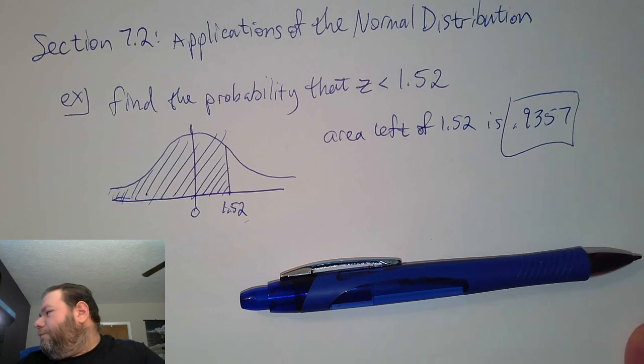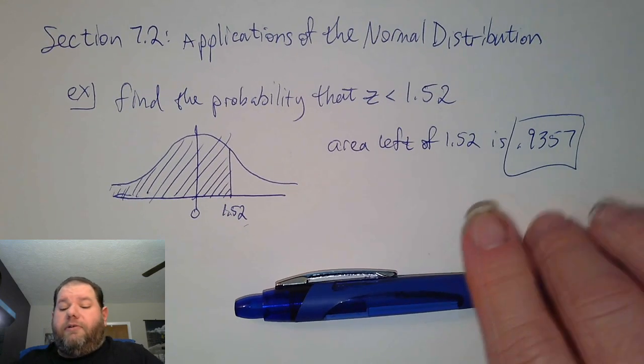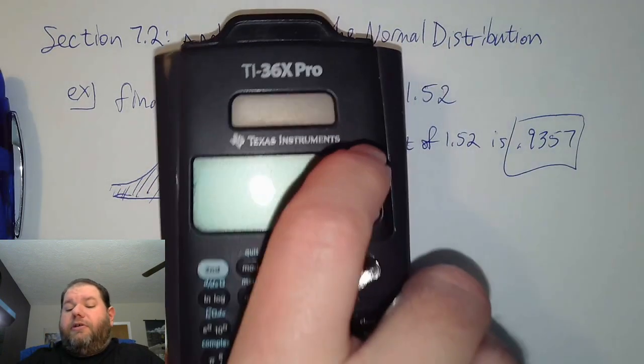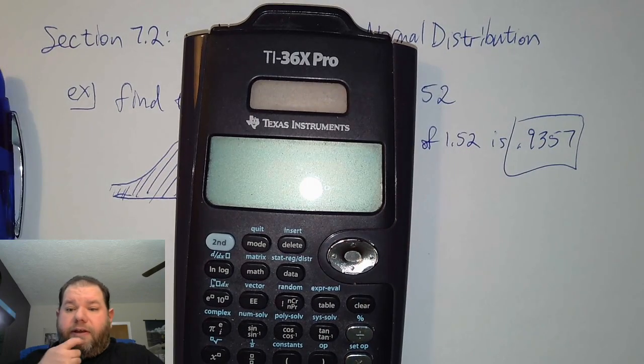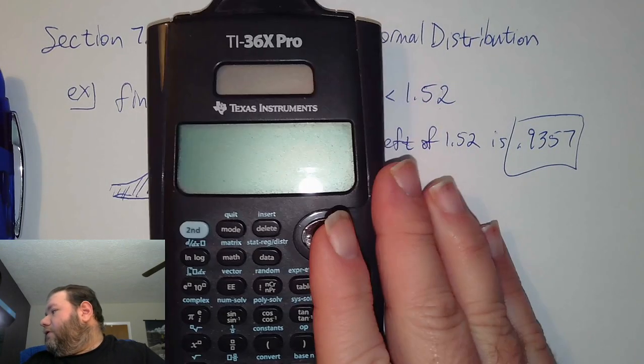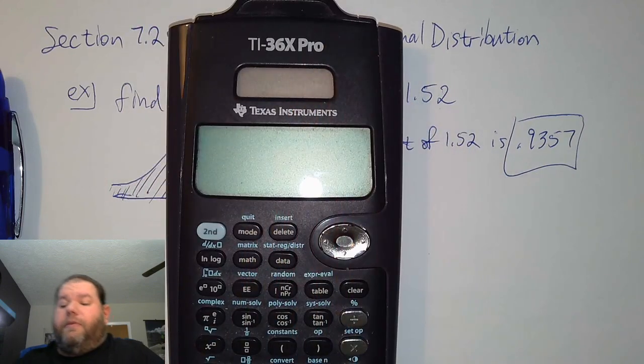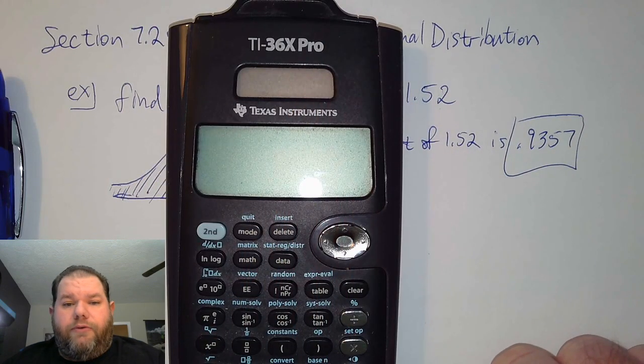Alright, so that's how we were able to look this up in the back of the book. Let me show you on the TI-36X first. Again, notice we're looking at a value of 1.52. Now the 84s, the newer, larger graphing calculators, actually are very similar to the 36X.